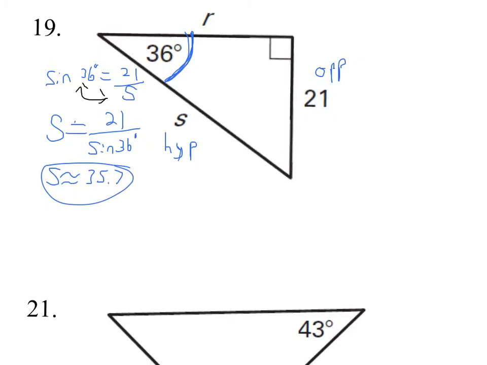Okay. Now let's find r. So I'm still going to use 36 degrees. R would be the adjacent. And so if I use the adjacent and the opposite, which I know, that would be tangent. So I will do tangent 36 degrees equals opposite over adjacent.